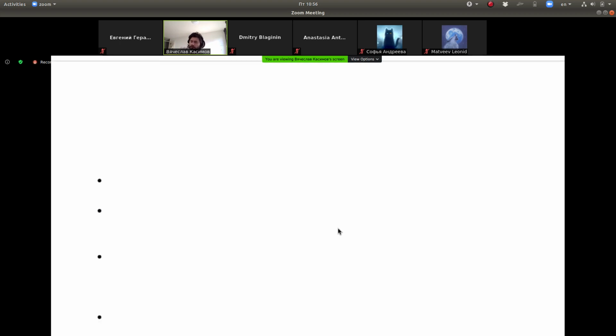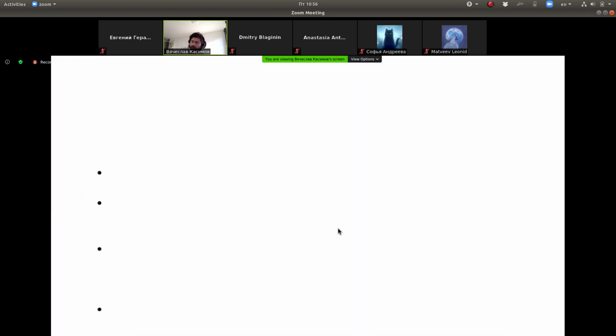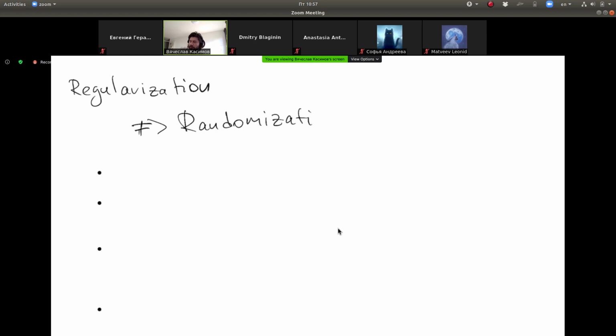As always, when we're talking about regularization, the biggest friend of regularization is randomization. It's a general thought in machine learning: if you can randomize something, randomize it, and it will act as regularization.